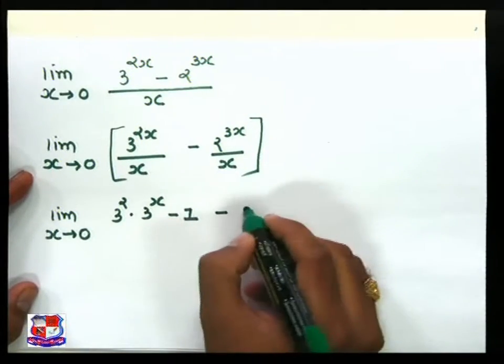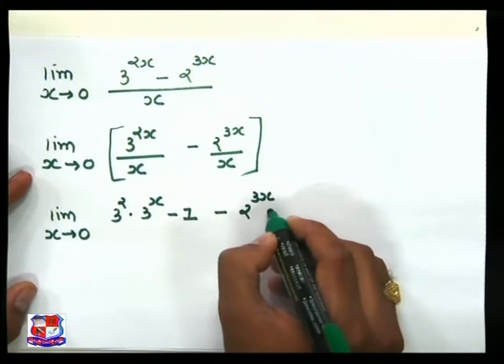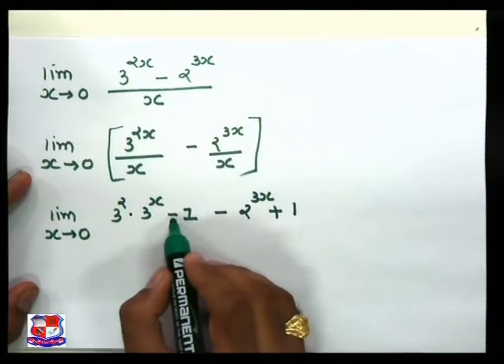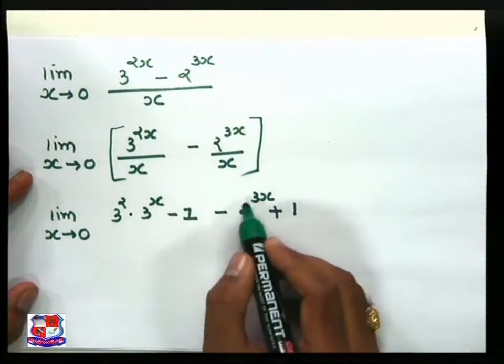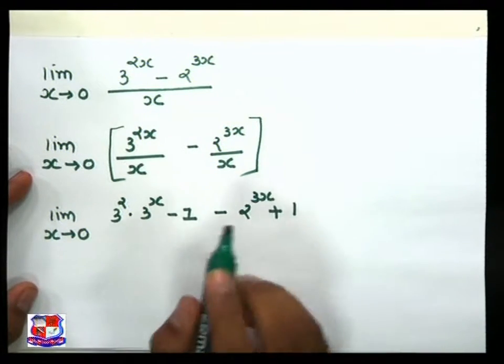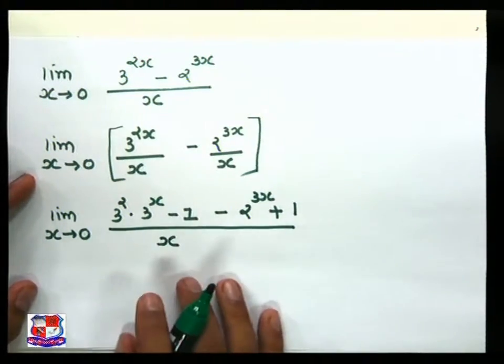Here minus 2 raised to 3x, here plus 1 that we want to add. So ultimately this minus 1 and this plus 1 cancel out. Next we simplify 2 raised to 3x as 2 raised to 3 into 2 raised to x.